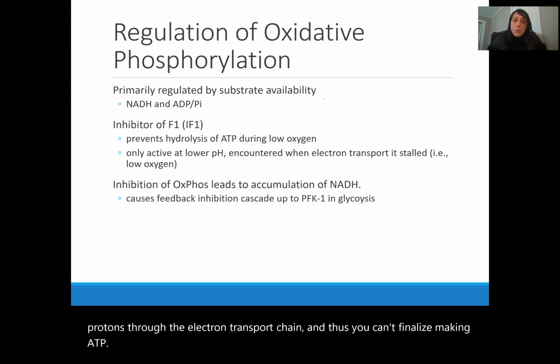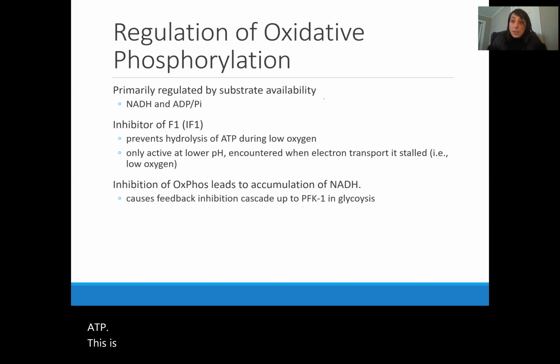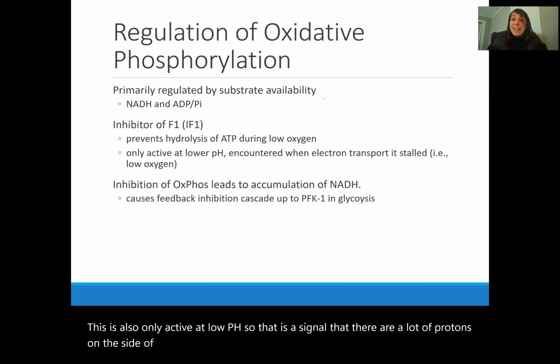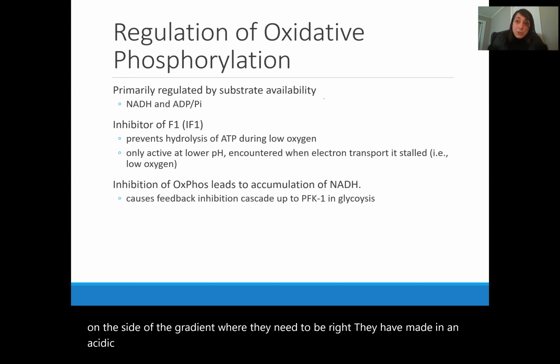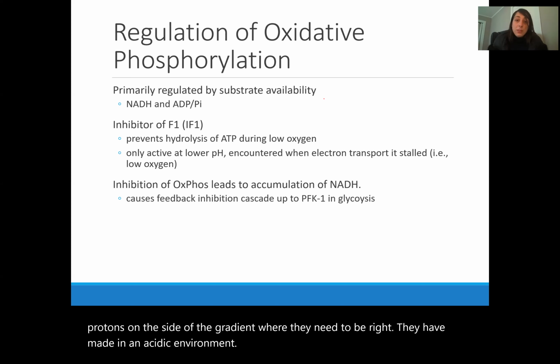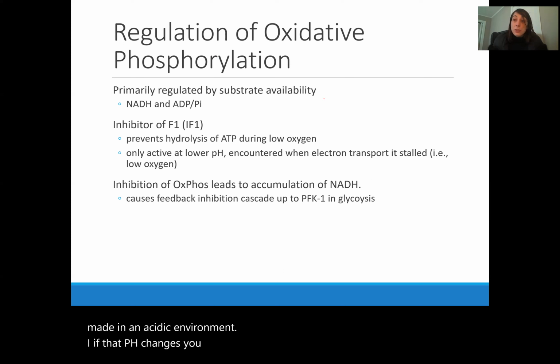This is also only active at low pH. That is a signal that there are a lot of protons on the side of the gradient where they need to be, right? They have made an acidic environment. If that pH changes, you will encounter stalling of electron transport.